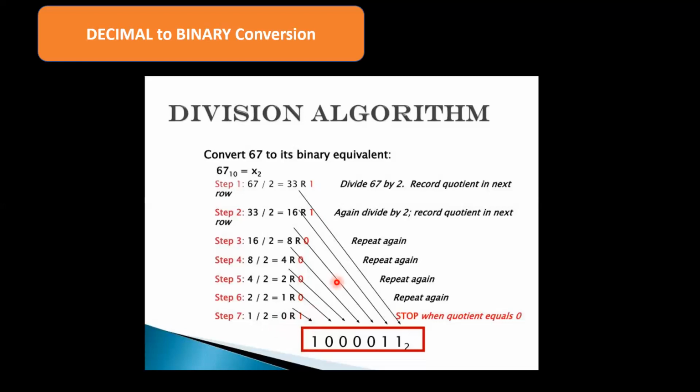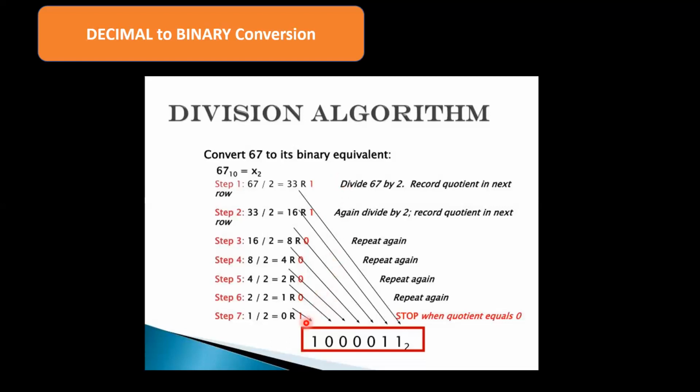Now, the remainders of these quotients will serve as your binary equivalent. But take note that you have to read it upward to get its binary equivalent.